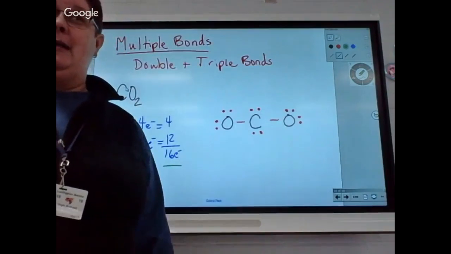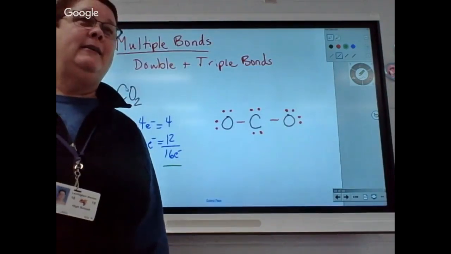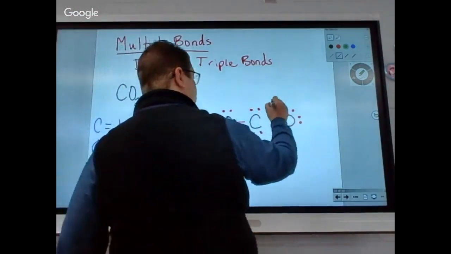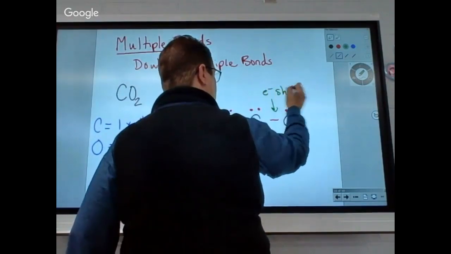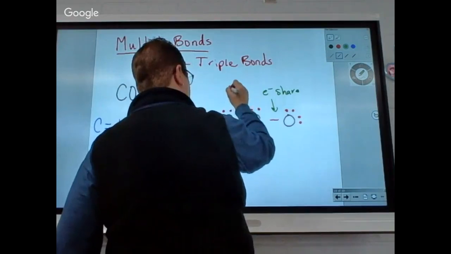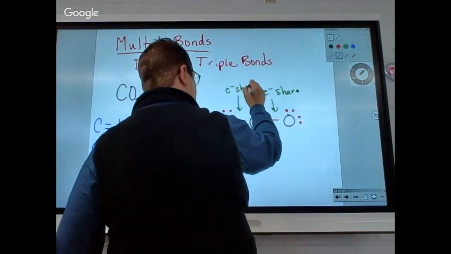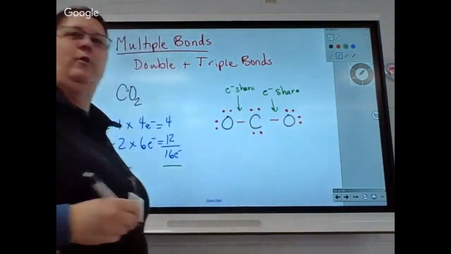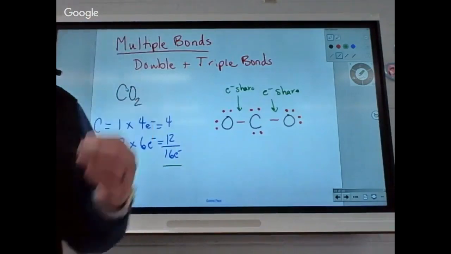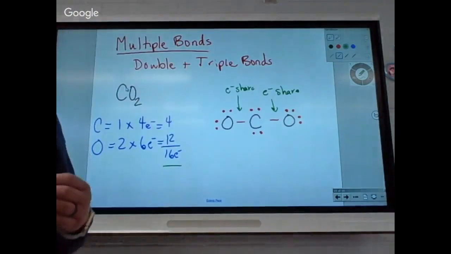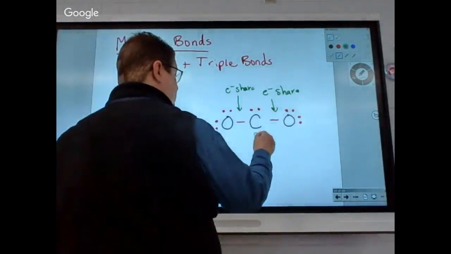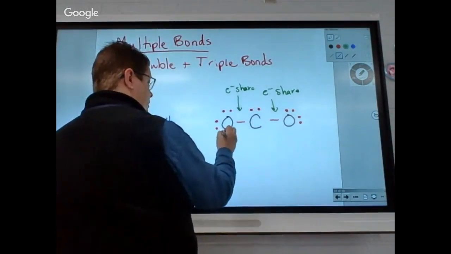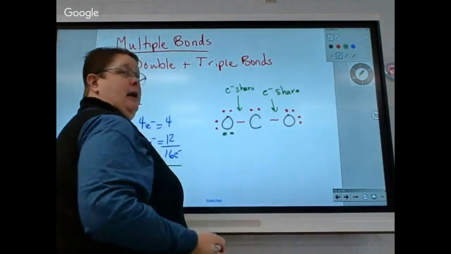Now, right here, the electrons share. Right here, the electrons share. So our goal is to allow oxygen and carbon to share the electrons with each other. Now, we can certainly move some electrons here to there, but are they sharing?